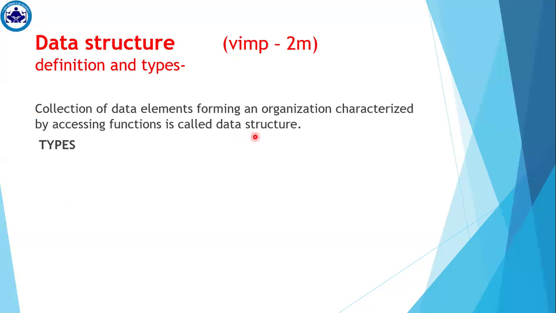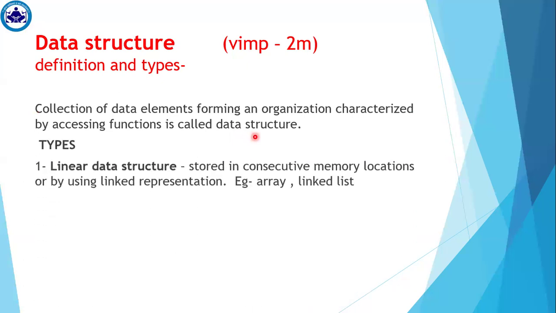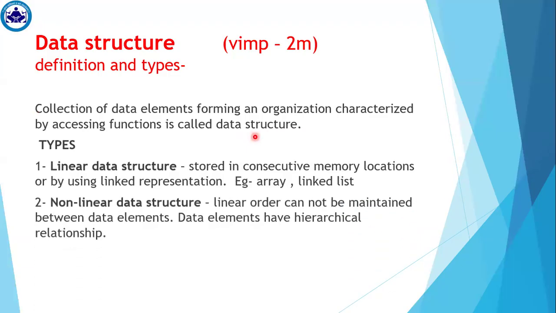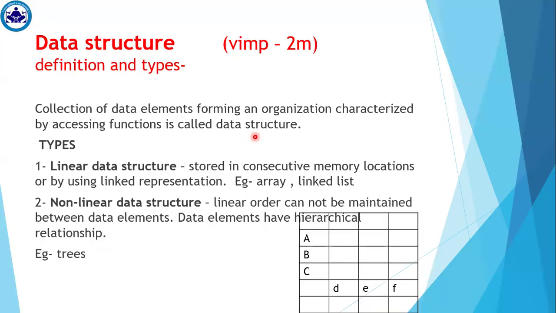Let us see the types of data structure. The first type is linear data structure and second type is non-linear data structure. Now linear data structure means what? Here we can see the memory of compiler. Here the elements A, B, C, D, E, F, all these are variables.